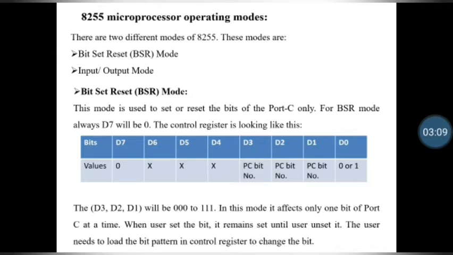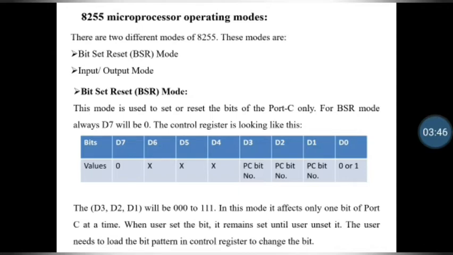Which bit of port C is used by your device is indicated by these 3 bits, D1, D2 and D3, from 000 to 111. So in this mode it affects only one bit of port C at a time.